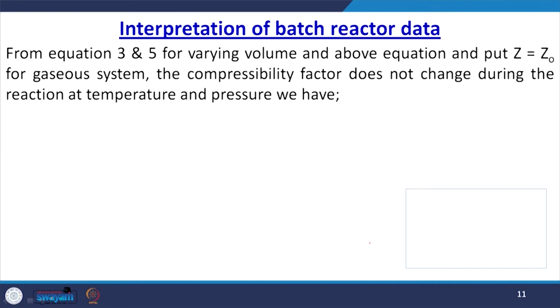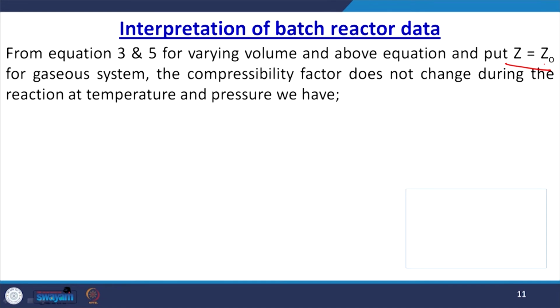So, for varying volume, in equations number 3 and 5, if you put Z equal to Z naught for the gaseous system, the compressibility factor does not change during the reaction at that temperature and pressure.